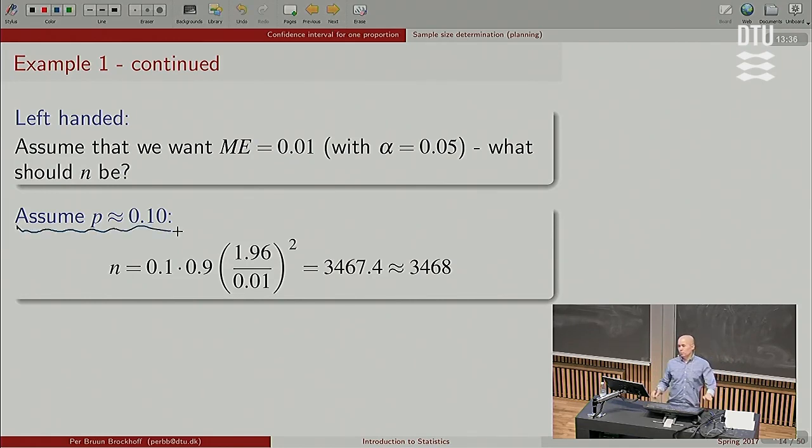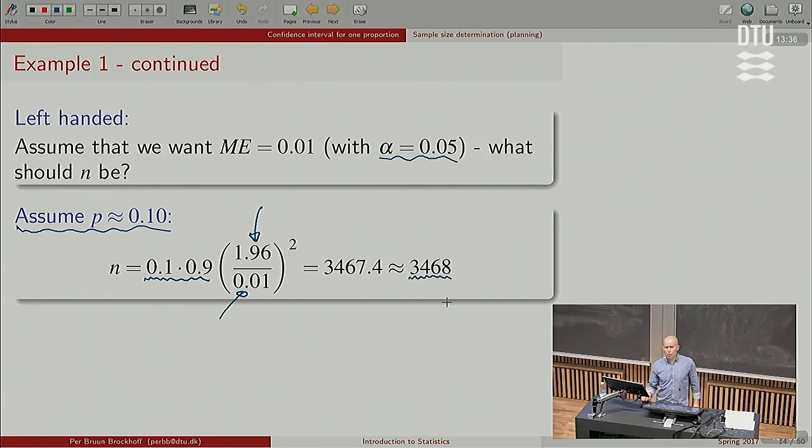Let's assume it's on the order of 10%-ish, or at least let's assume that's what we're working at. Then I plug in P times 1 minus P, I plug in the relevant quantile corresponding to this, I plug in the wanted precision, and I get this number.